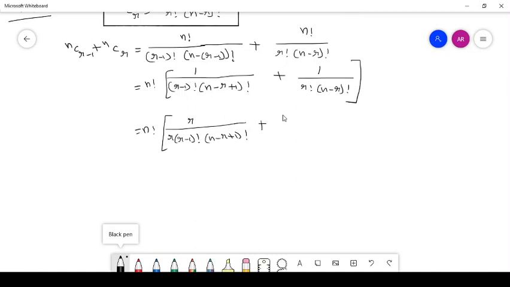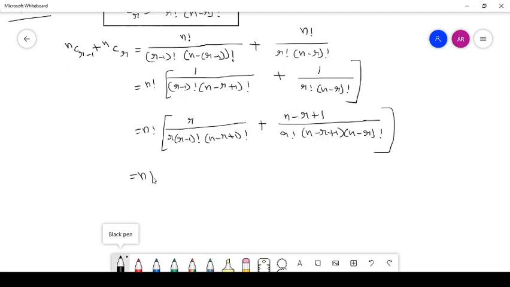Multiplying both the numerator and denominator by (n minus r plus 1), we get (n minus r plus 1) by r factorial into (n minus r plus 1) into (n minus r) factorial.